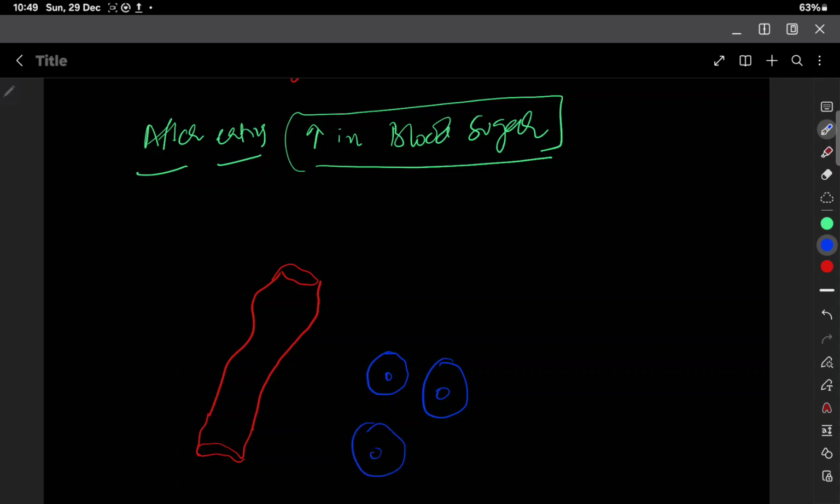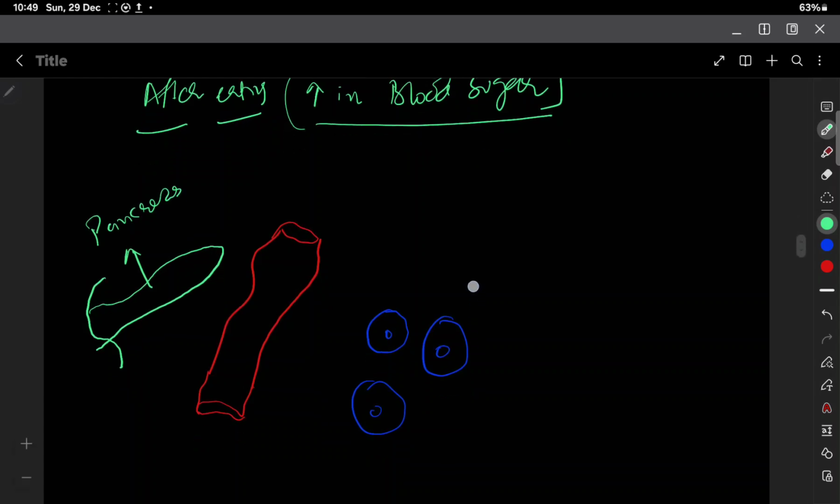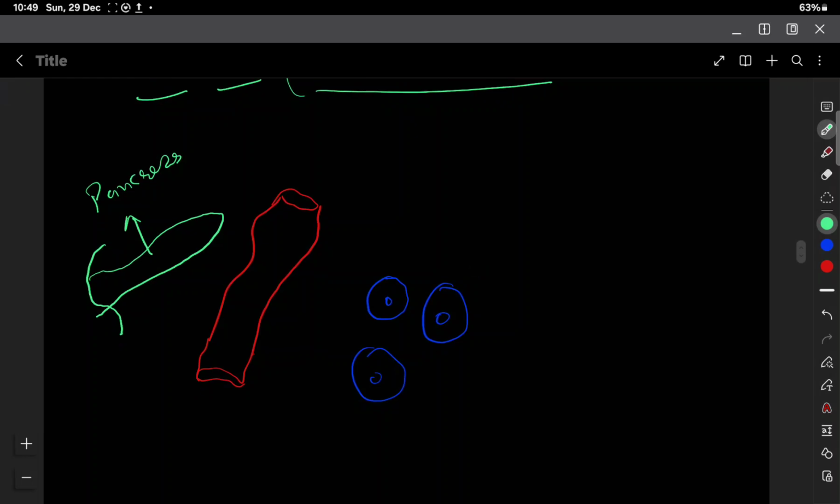So these are the cells. And here, for example, is the pancreas. I will try to explain what normally happens after eating.